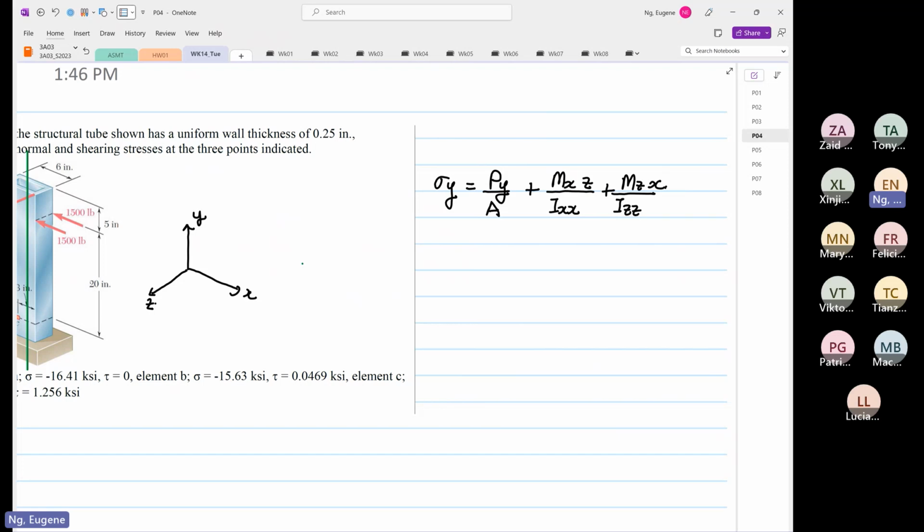Minus, or when we look at specific points, we know whether it's plus or minus. Okay, so that is the general formula.